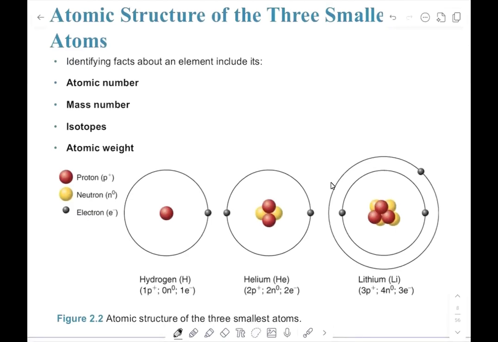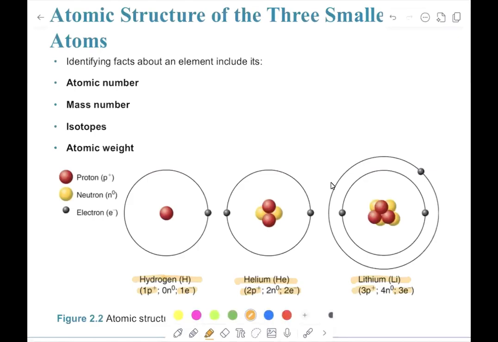And we're going to be looking at those first three elements: hydrogen, helium, and lithium. So hydrogen, as you can see, has one proton and one electron because it's on the periodic table. Helium has two protons, two electrons, again because it's neutral. Lithium has three protons and three electrons because it's neutral.